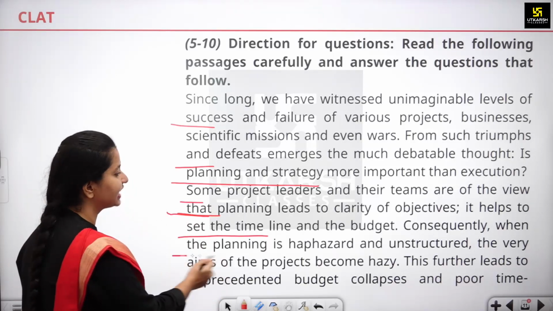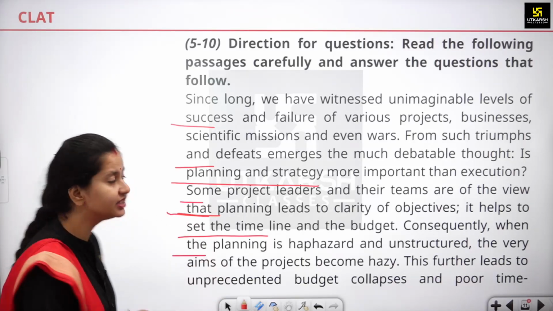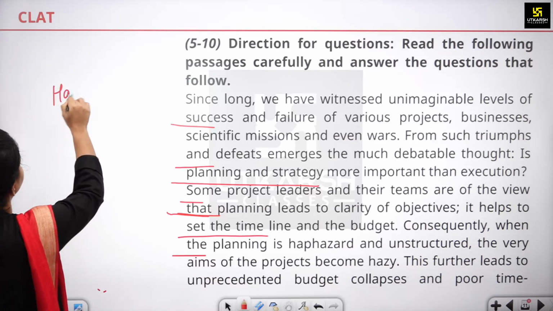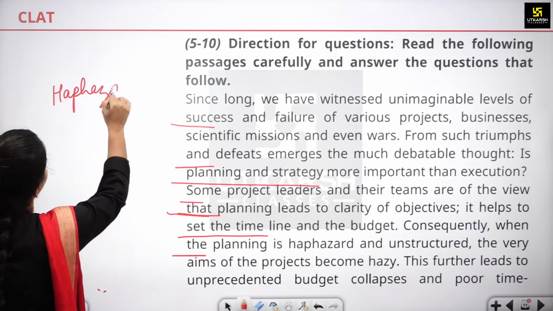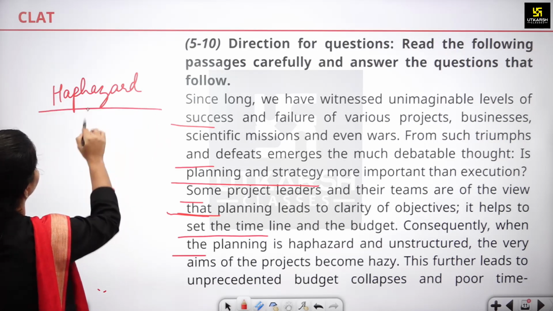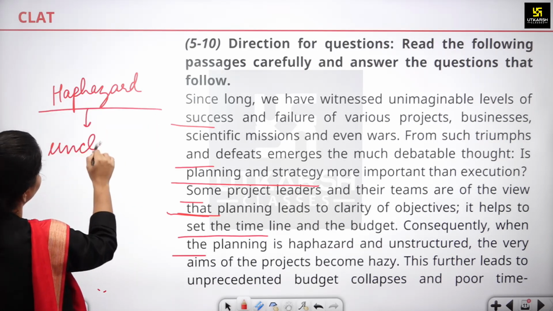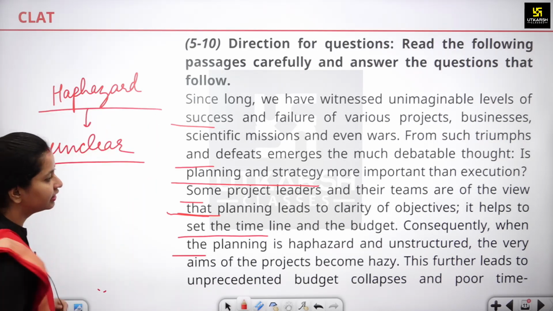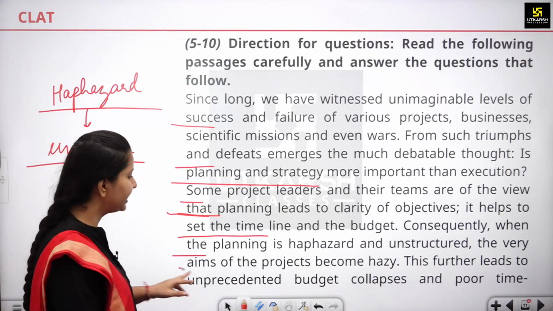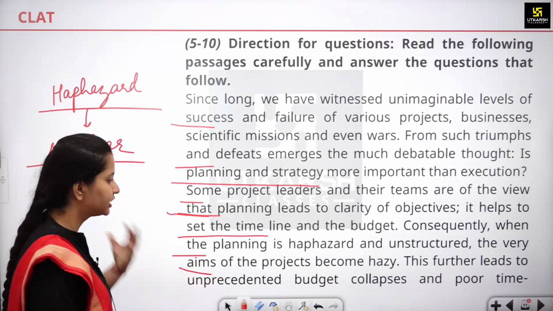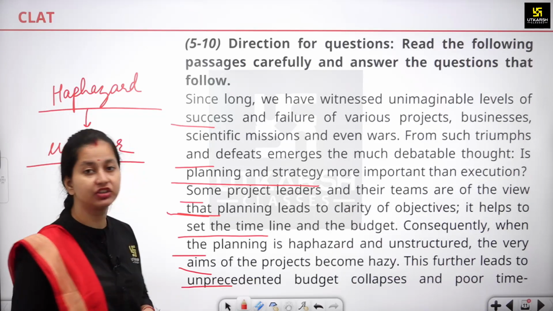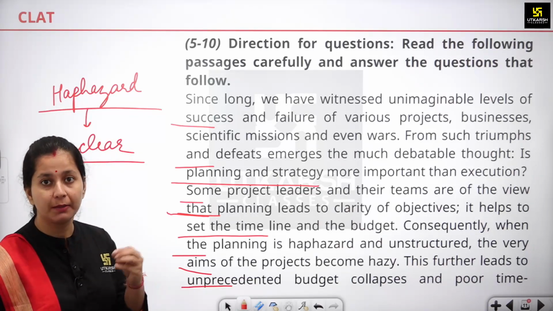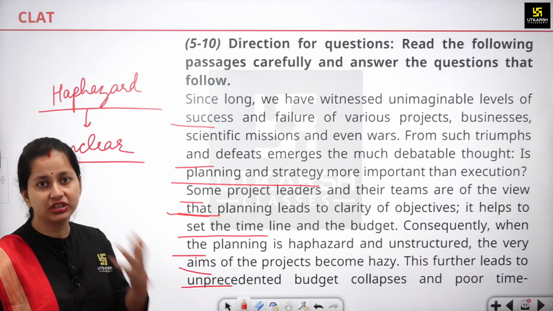Consequently, when the planning is haphazard, means unclear, the planning is unclear and unstructured, the very aims become hazy. This further leads to unprecedented budget collapses, never thought of budget collapses, that our budget could collapse.